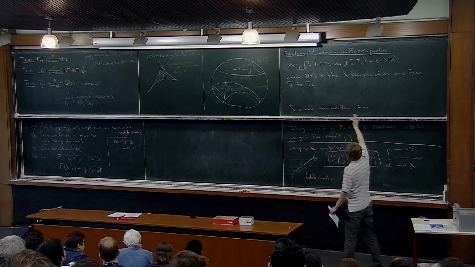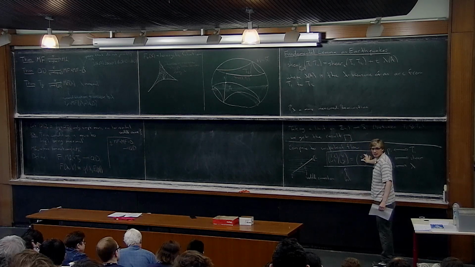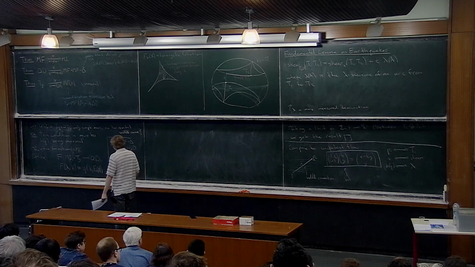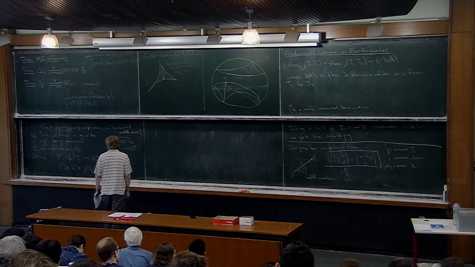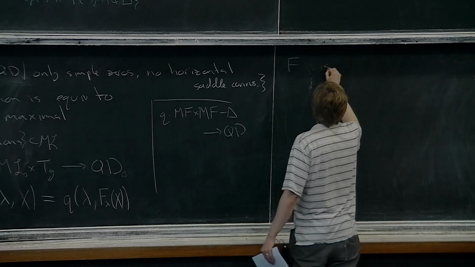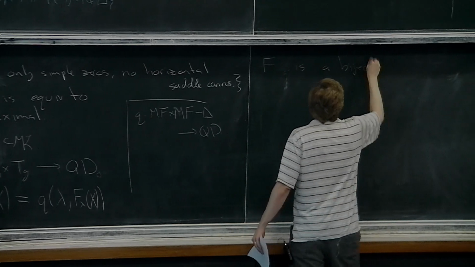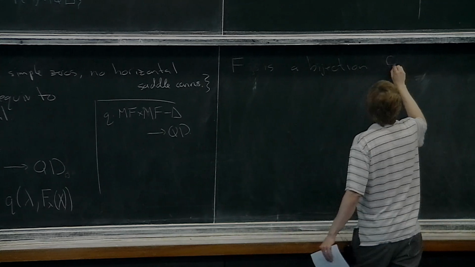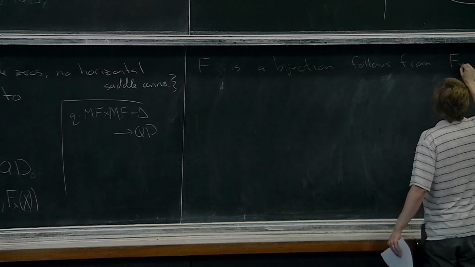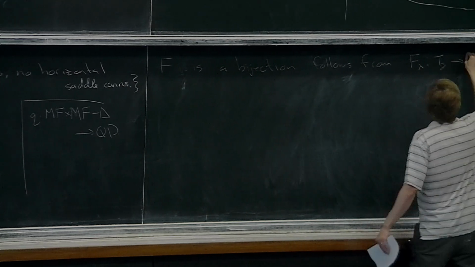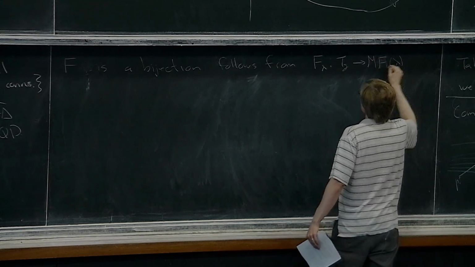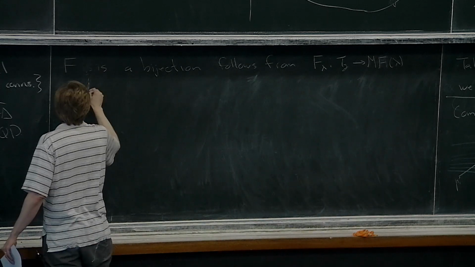We already understand how shear changes, and we see some similarity to this. And so now, okay. So F is a bijection, follows from F lambda, which goes from Teichmuller space to MF lambda, is a homeo.